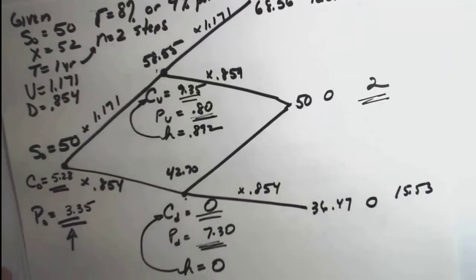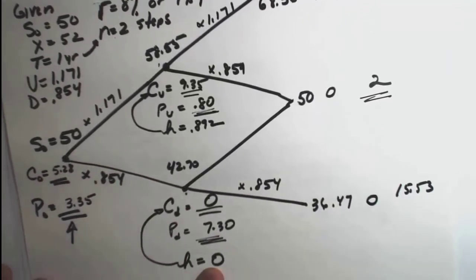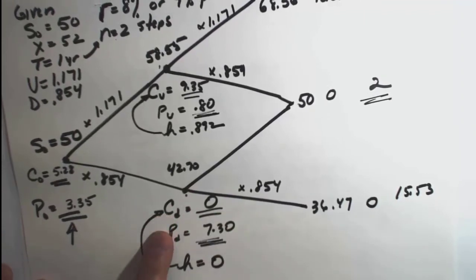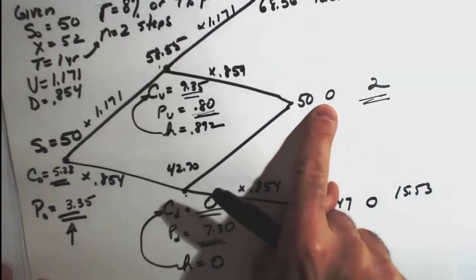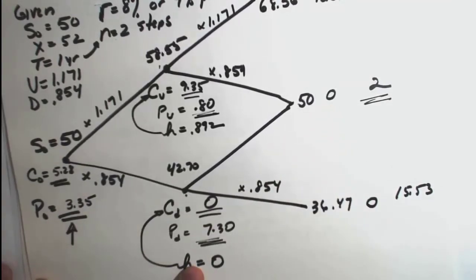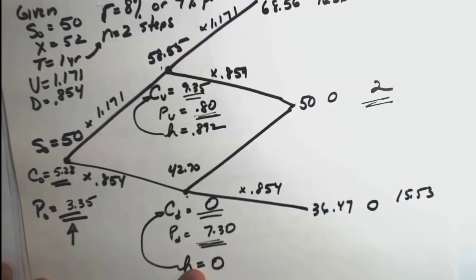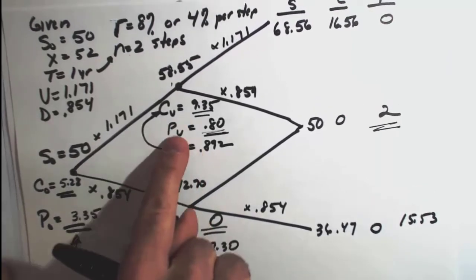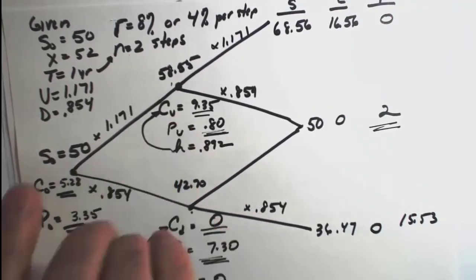For this H being 0, that means the probability of the option finishing in the money must have been 0 at this point. Well, it was for the call, because no matter what, the call went to 0. So the probability of the option finishing in the money for the call was 0.